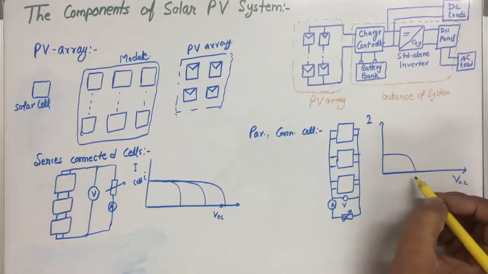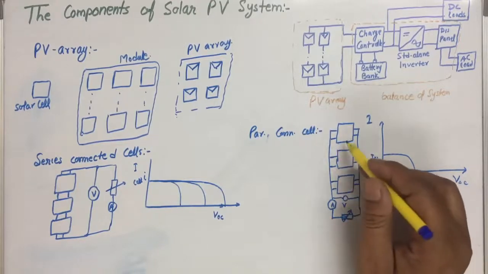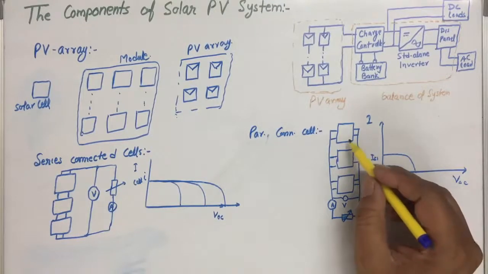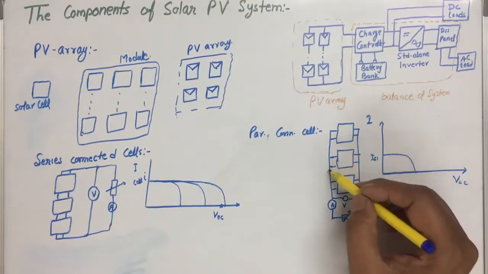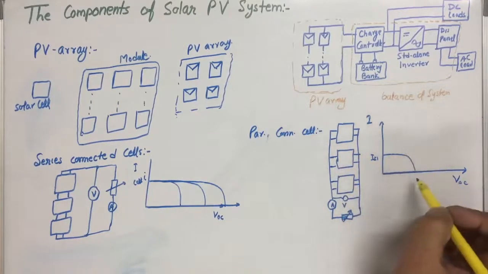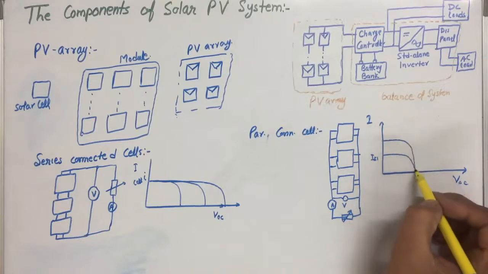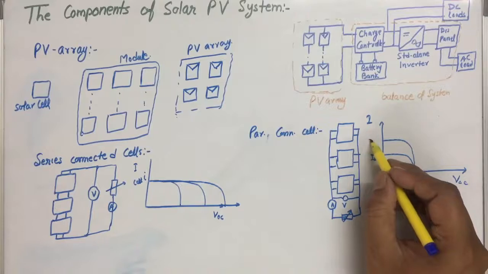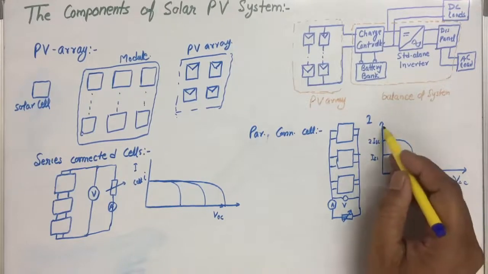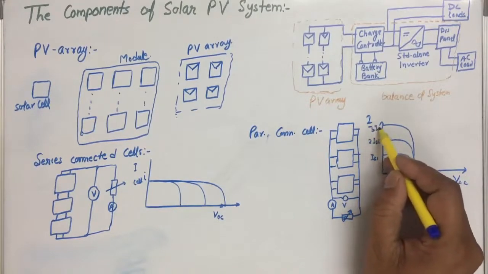This is the short circuit current with only one cell connected. If two cells are connected in parallel, the current of this and this will be added up and the potential across the terminal will remain same, so it will be 2 ISC. Third unit will give 3 ISC and so on.